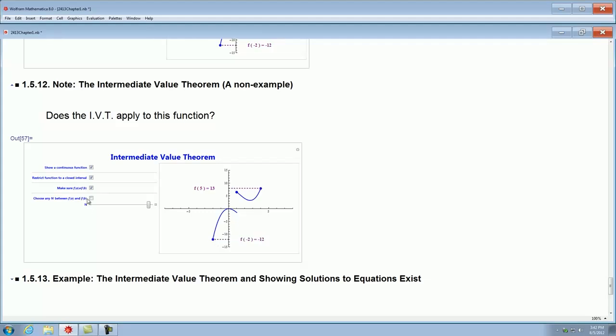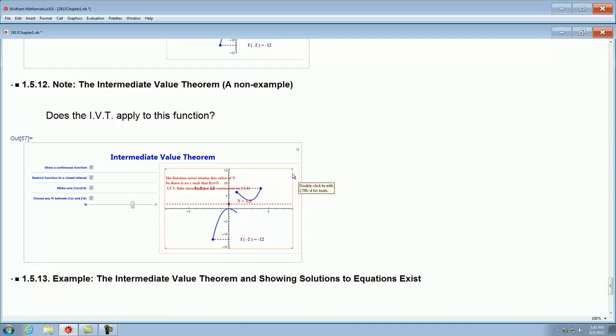That's fine. But now let's try and choose an n. If I choose n equal to 7, there is some value over here where the function hits and comes out to be 7. But if I try and pick a value down, boom, right in there, the function never achieves that value. So the intermediate value theorem would not apply in this case.